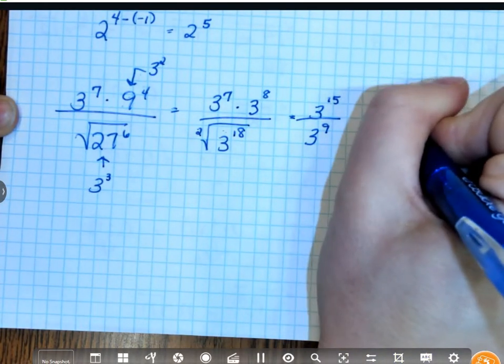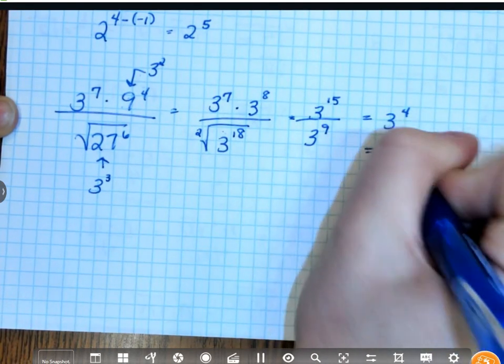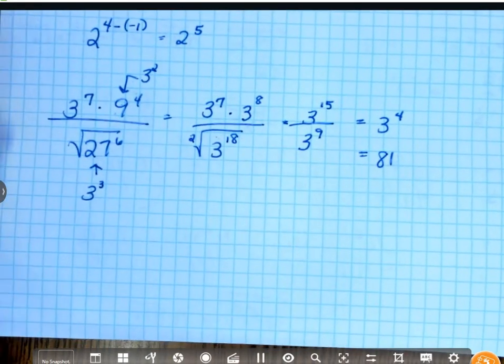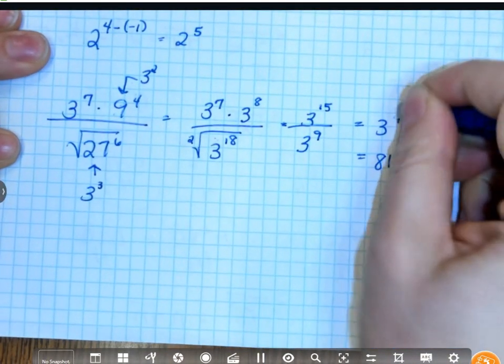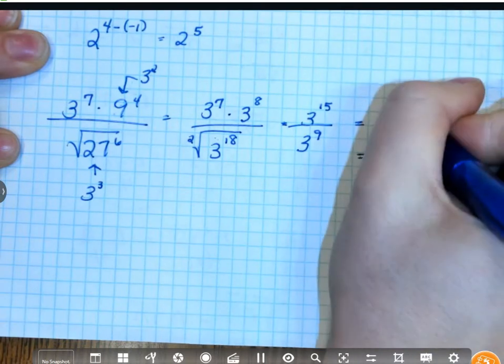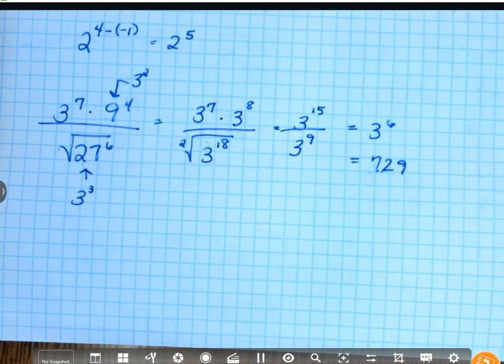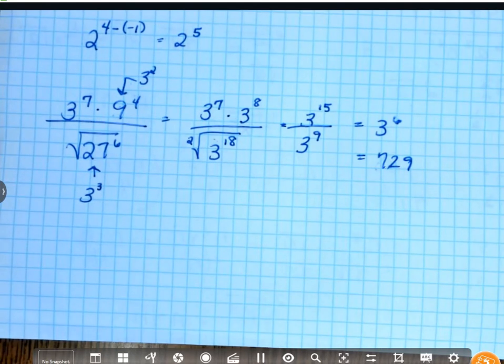So my final answer is 3 to the 4th, because apparently 15 minus 9 is 4. I wouldn't expect you to multiply that out. I'm not that cruel.